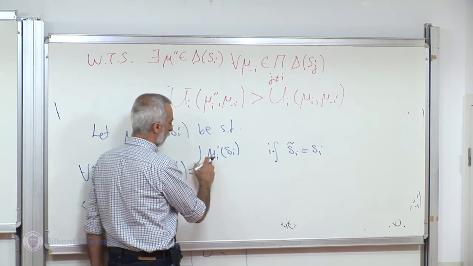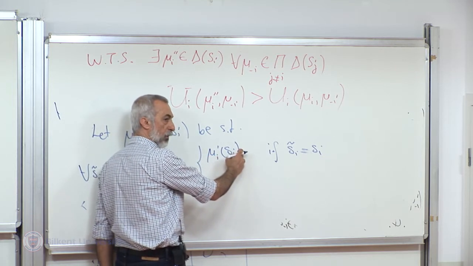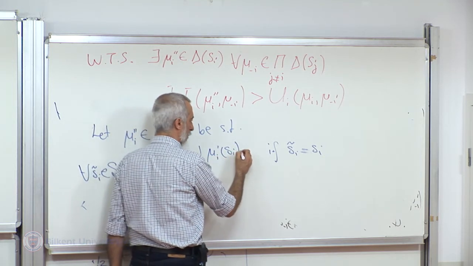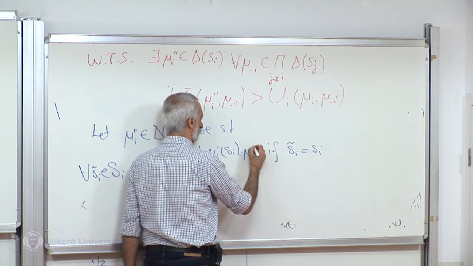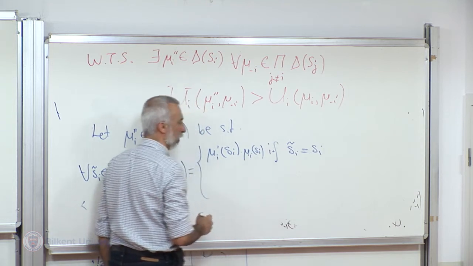Well, wait a minute. This is equal to mu i prime si times something? Times mu i si. So you're multiplying the two probabilities. Okay?